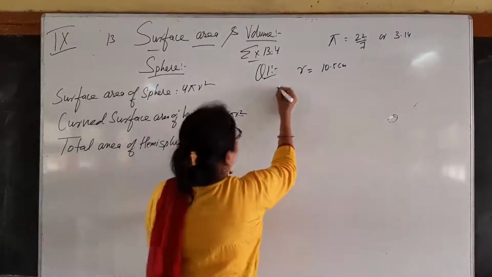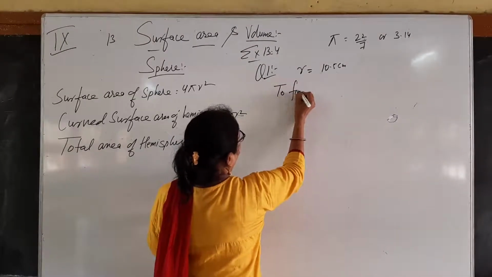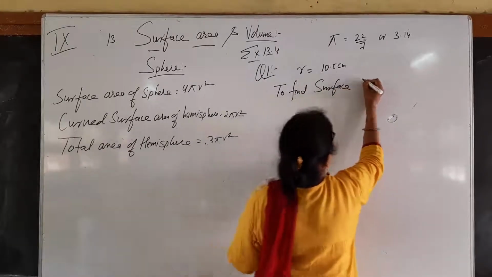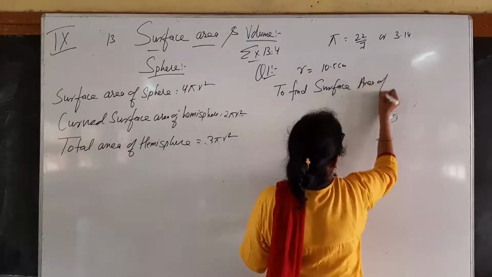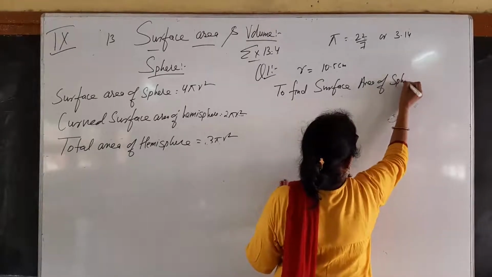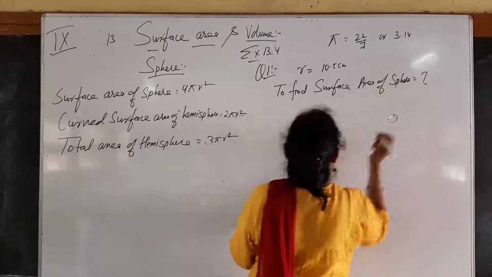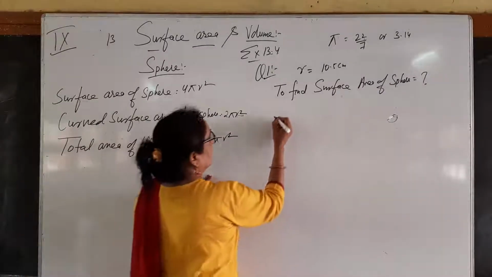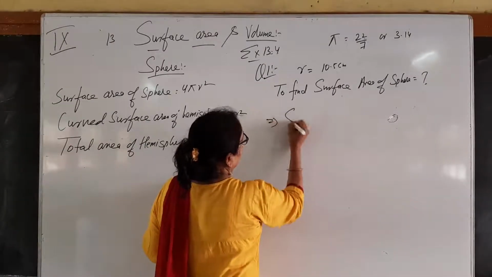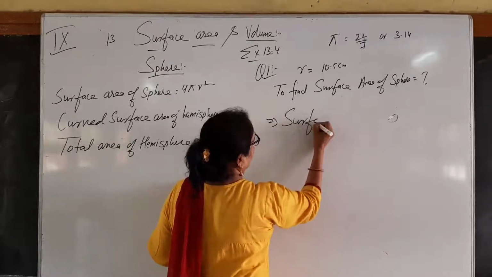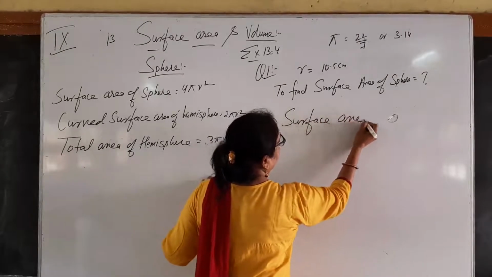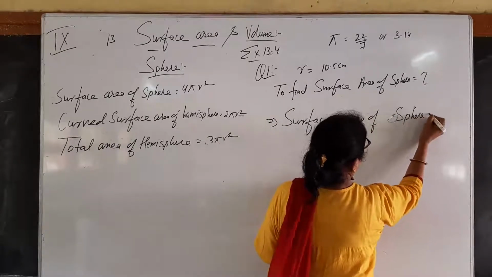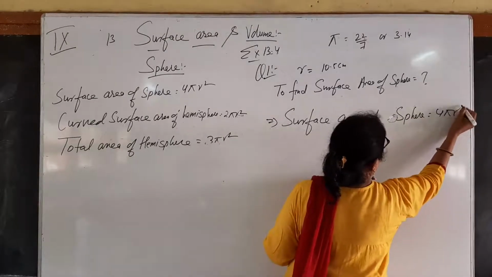To find surface area of sphere, this we have to find, and surface area of sphere is 4 pi r square. So here surface area of sphere is 4 pi r square.